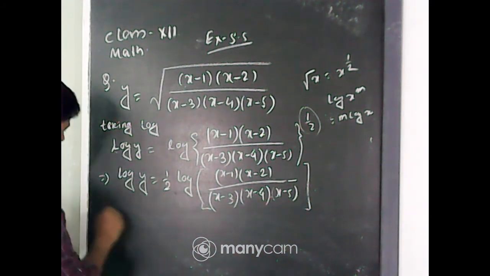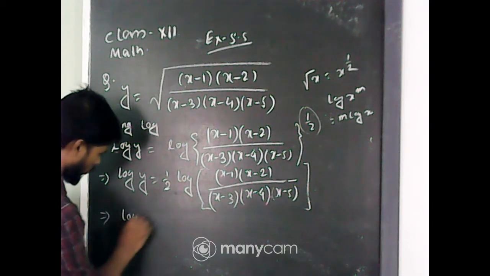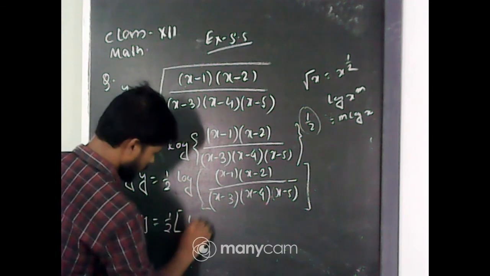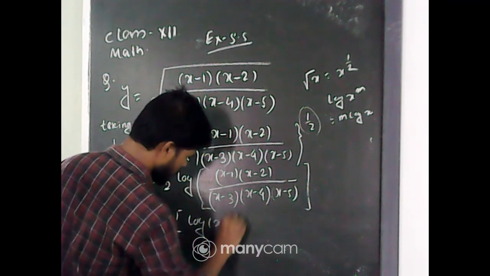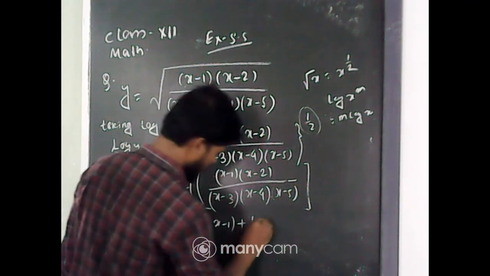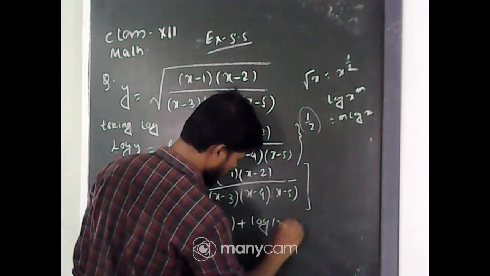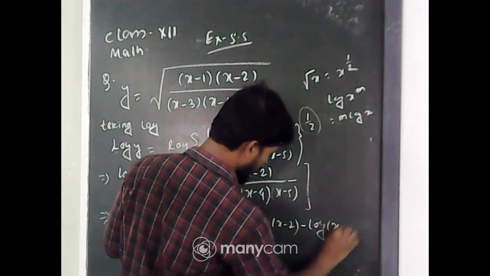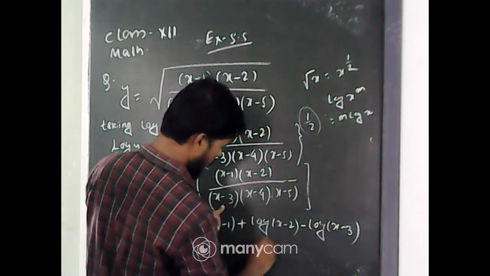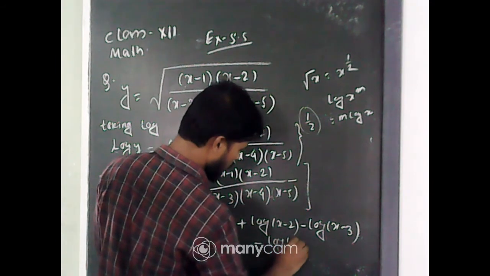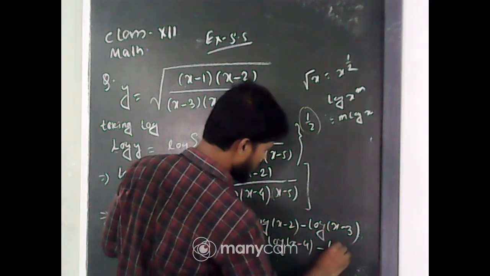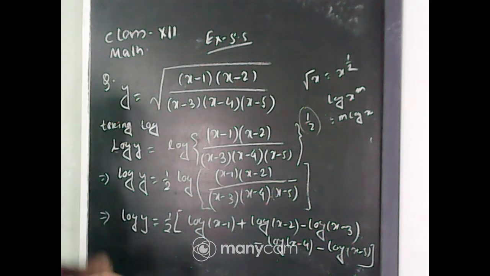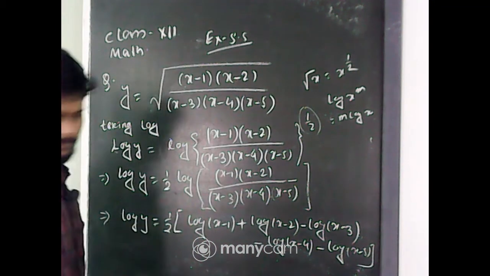Now this can be written as log y is equal to half of log of (x minus 1) plus log of (x minus 2) minus log of (x minus 3) minus log of (x minus 4) minus log of (x minus 5).